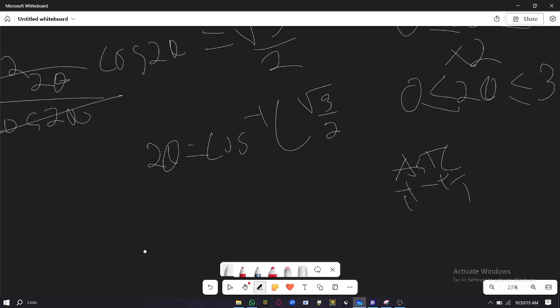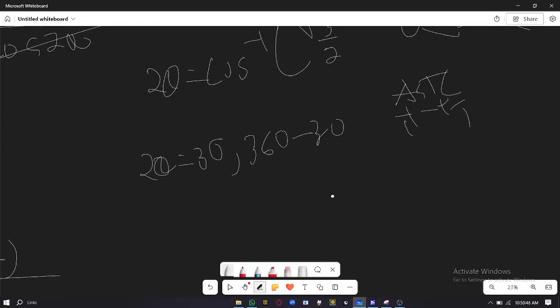So cosine inverse of root 3 by 2 is 30. Okay, that's nice. So 2 theta is equal to 30 degrees and 360 minus 30 degrees. So 360 minus 30, we get 330.